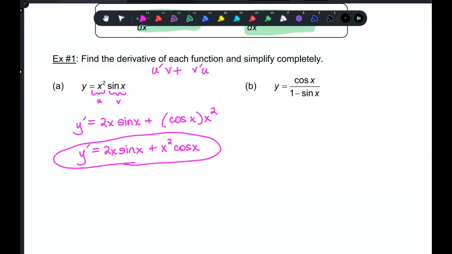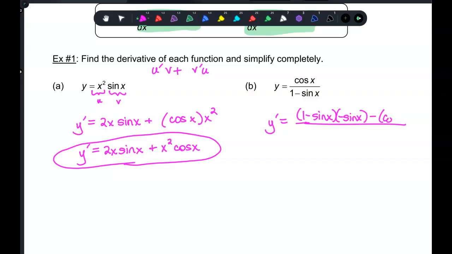Okay, what do we need to do in B? This is going to be quotient rule. All right. Low d high. So we're going to take the denominator times the derivative of cosine.